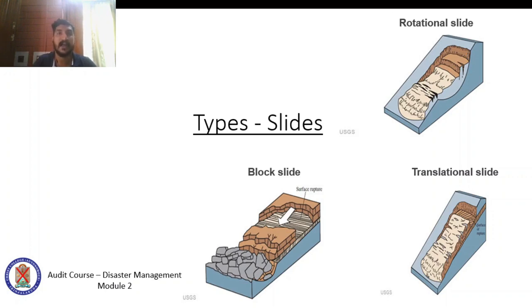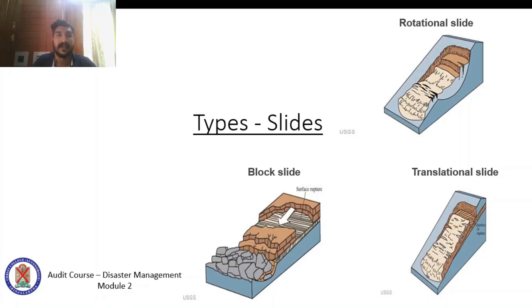The first one is the rotational slide. This is a slide in which the surface of rupture is concavely upward and the slide movement is roughly rotational about an axis that is parallel to the ground surface and transverse across the slide. You can see in the figure the concave or curved surface.